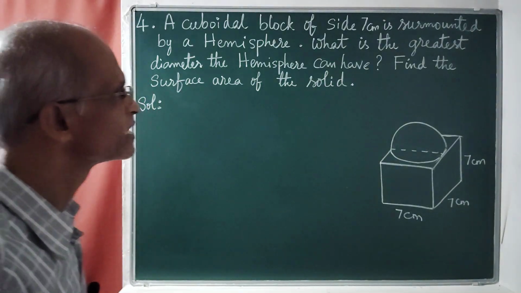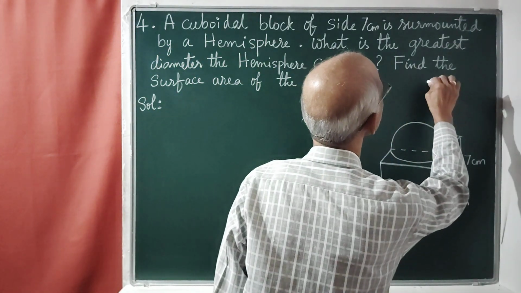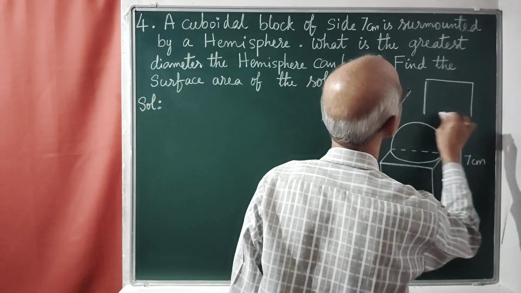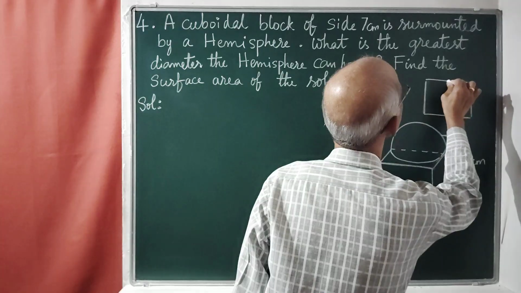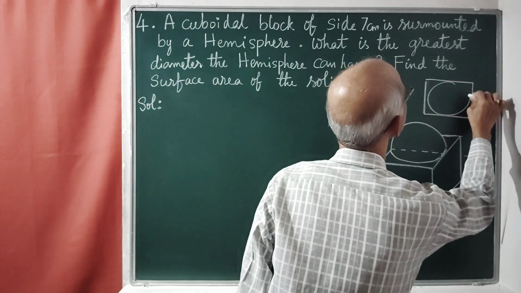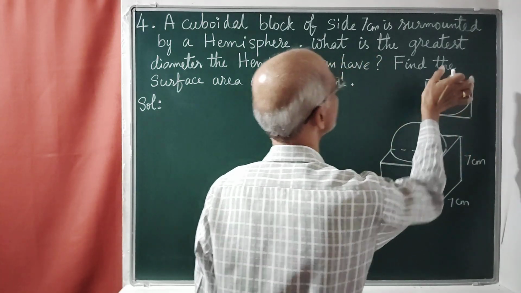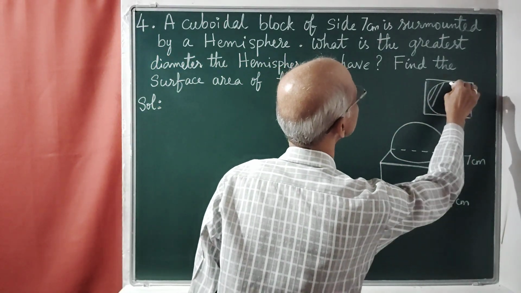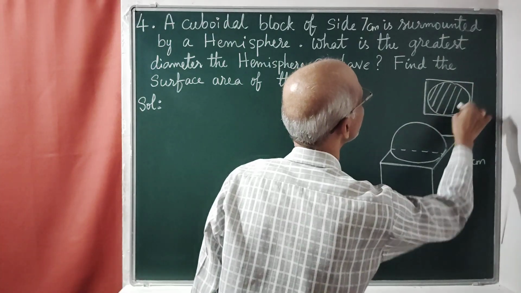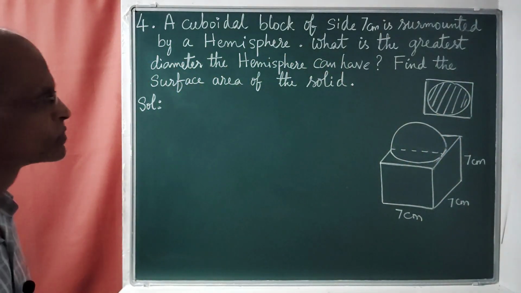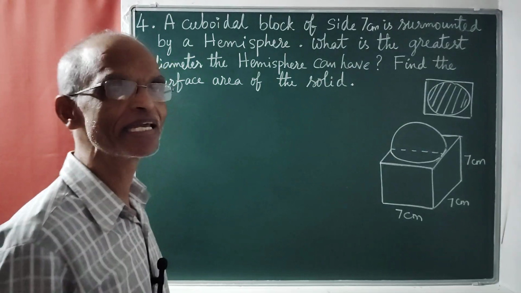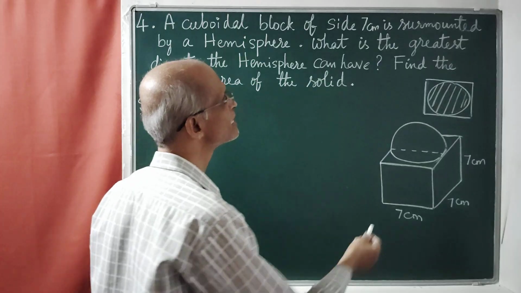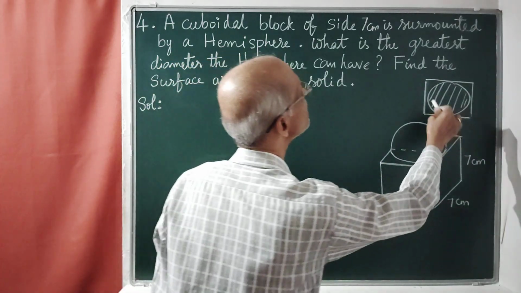It means the top of the cube, there will be a circle here. On this only the hemisphere is standing. So this area has to be subtracted. So the TSA of the solid will be CSA of the hemisphere plus TSA of the cube minus area of the circle.